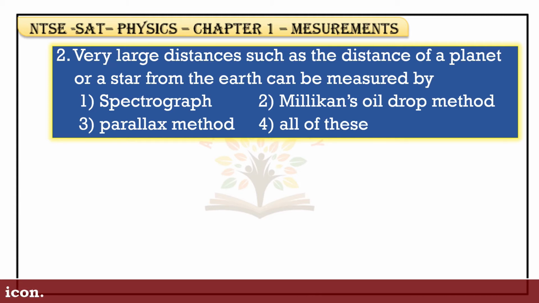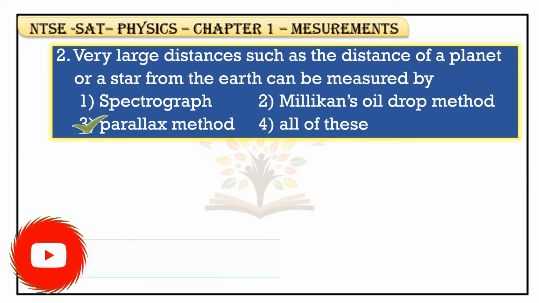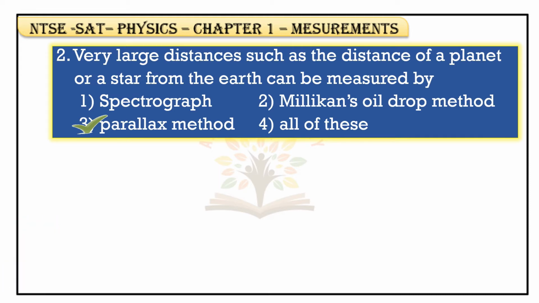So here in these four options, which is the method to measure the distance of a planet or a star from the earth? So parallax method. Parallax method is used to measure the distance of a planet or a star from the earth. Okay, third option is correct. Parallax method is the correct answer.